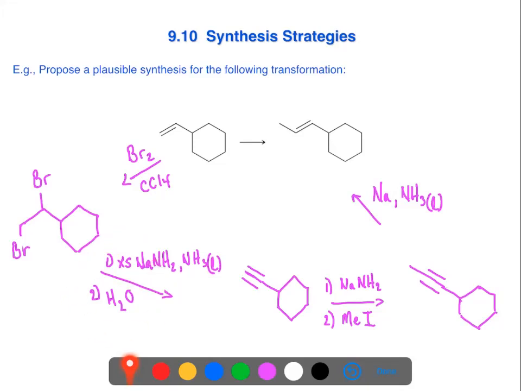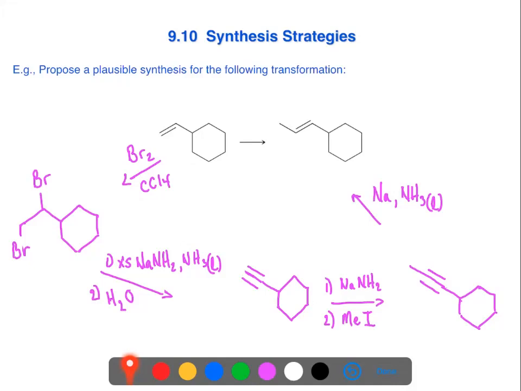We can quench that to form the neutral alkynyl cyclohexane, and then we can deprotonate that terminal alkynyl group, react it with the primary alkyl halide to increase the carbon skeleton, and then finally we can reduce that alkynyl group to the alkenyl group in a stereochemical specific way by choosing the appropriate reduction reagents. So in this particular example, I would refer to this as a 1, 2, 3, 4-step synthesis.